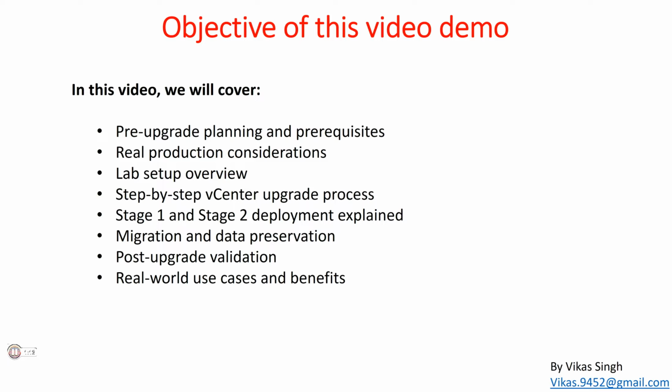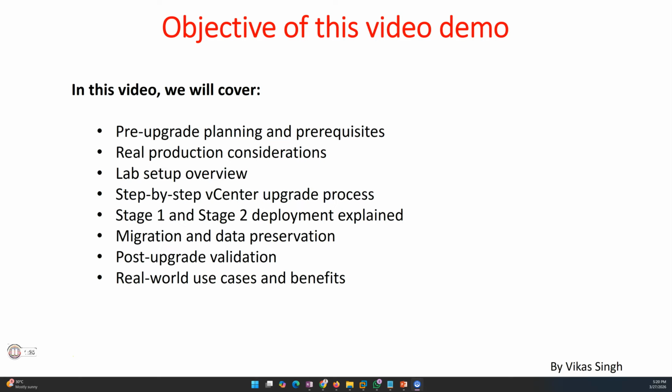We will also see the Stage 1 and Stage 2 deployment explained, and the migration of all the data from the existing vCenter to the new vCenter which we deploy in Stage 1. Then we will do post validation, and see real world use cases and benefits of upgrading your vCenter Server.